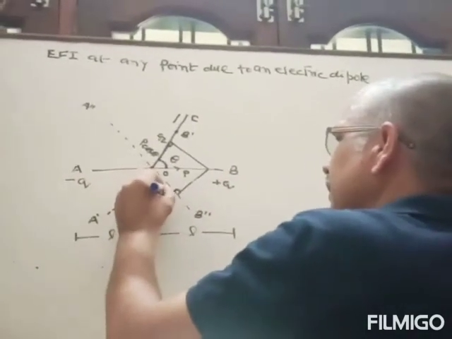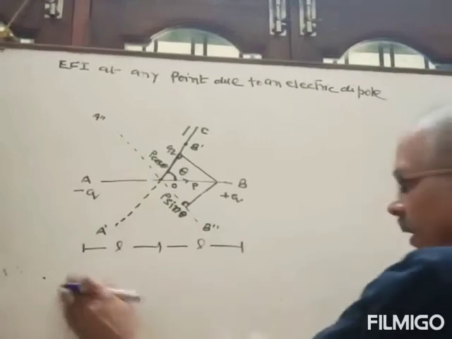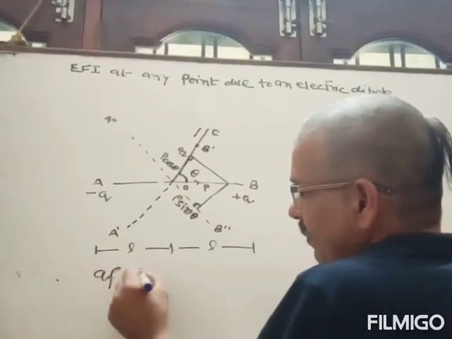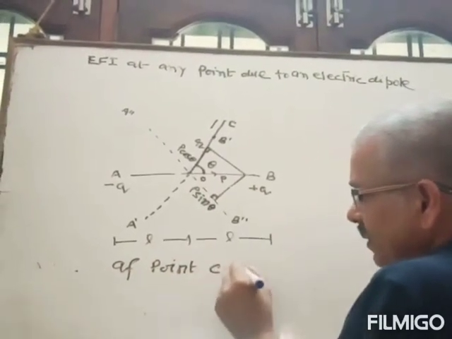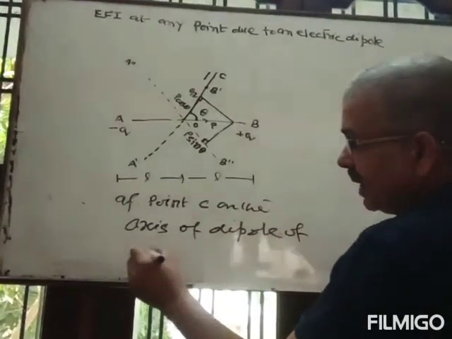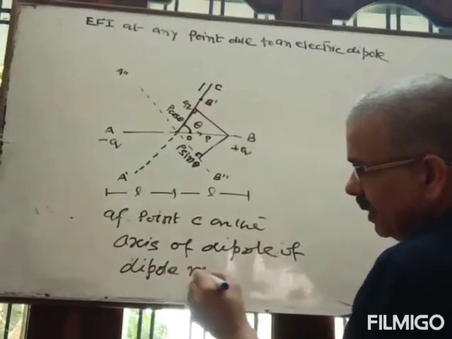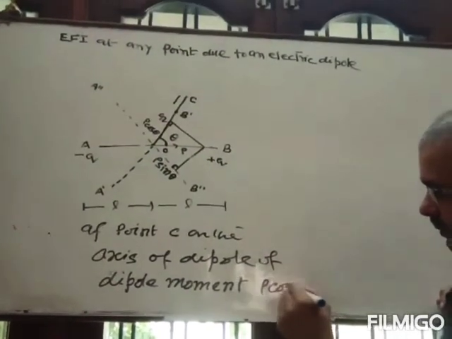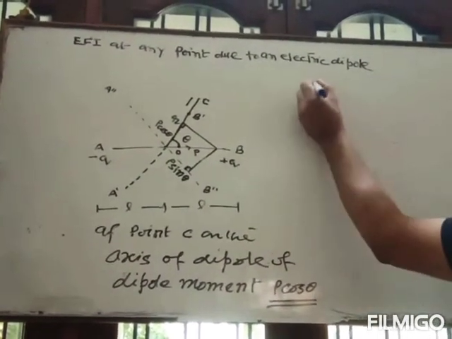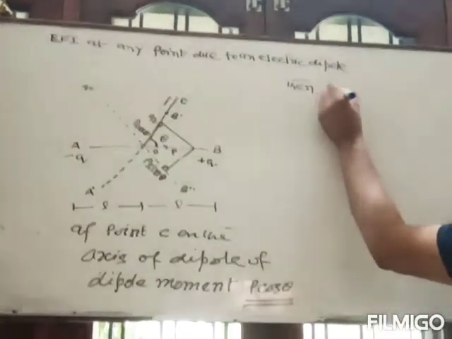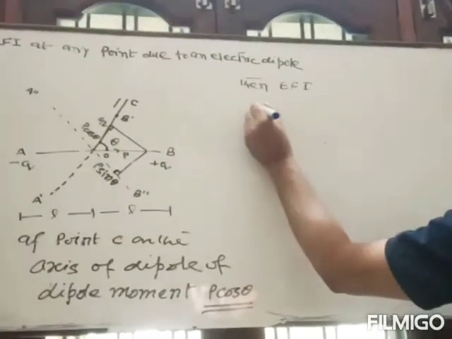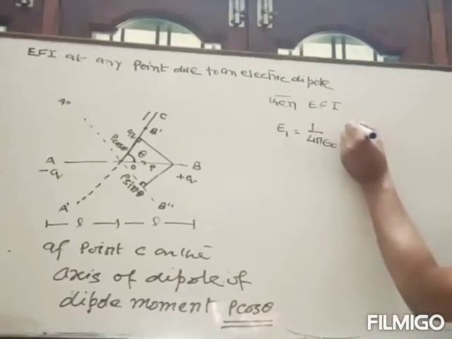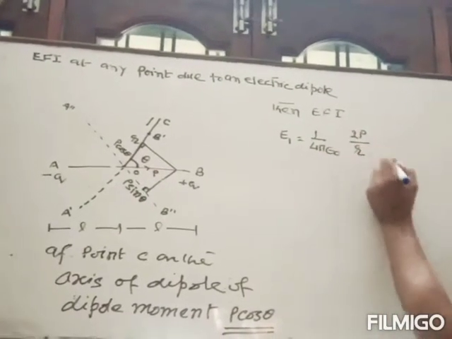So suppose point C is on the axis of the dipole moment, now it is P cos theta, then the electric field intensity, suppose it is E1, is equal to 1 upon 4 pi epsilon 0 times 2P cos theta by R cube.